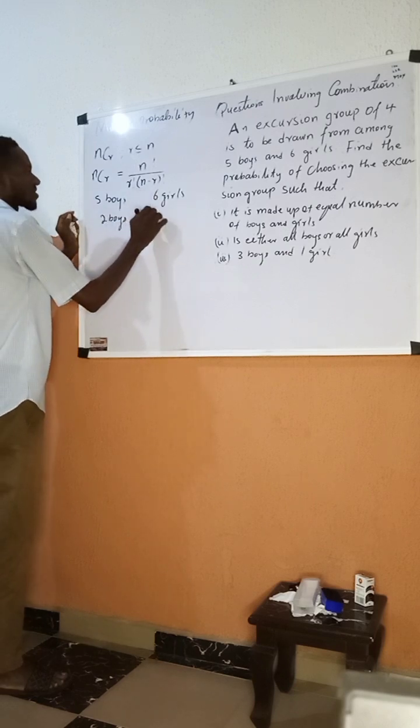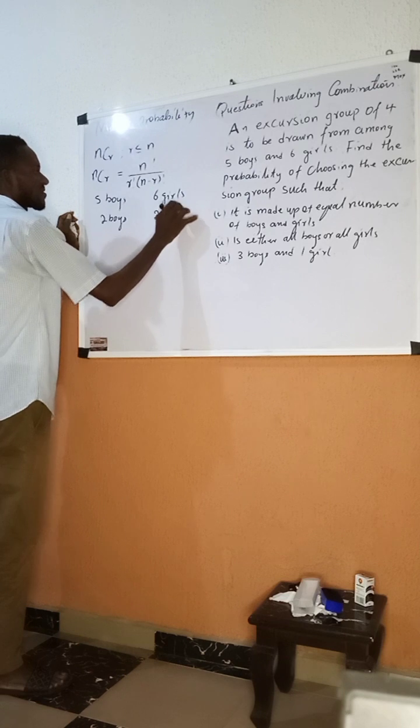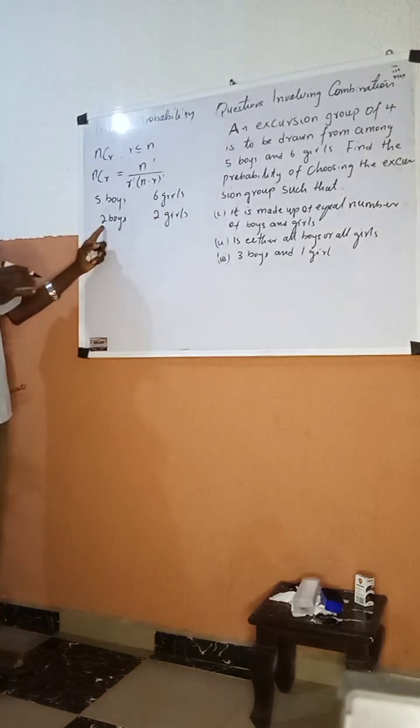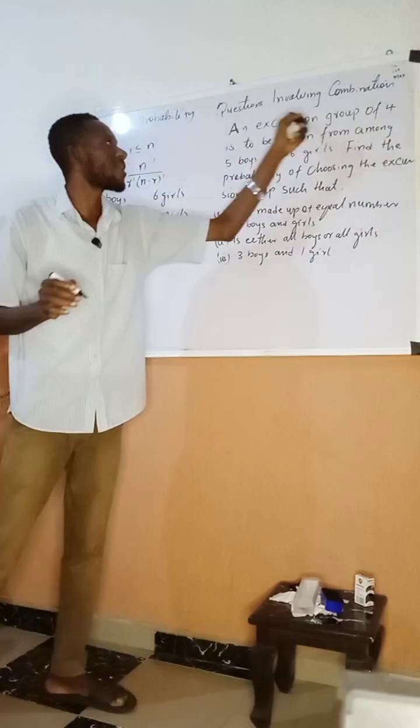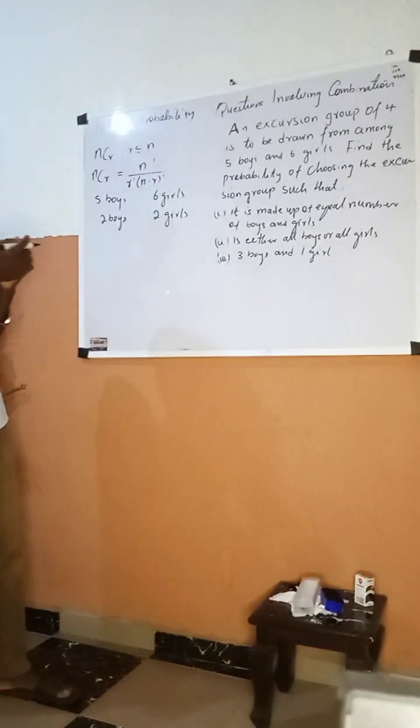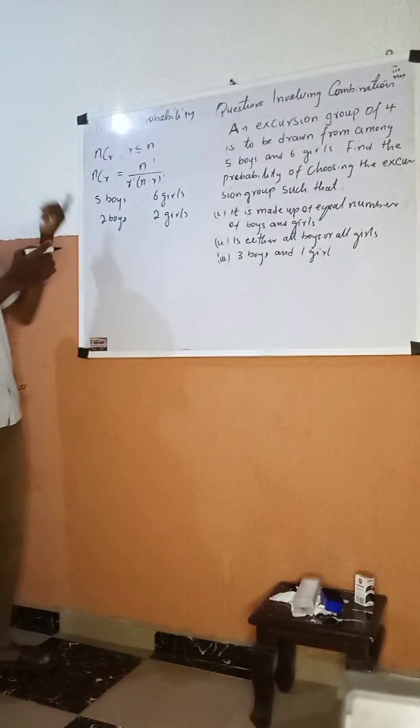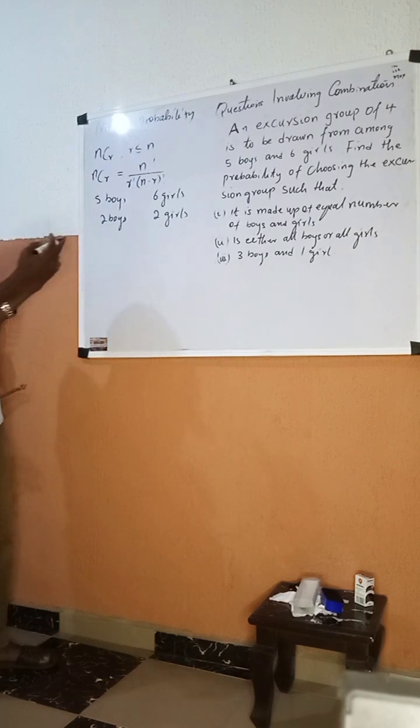And equally, I'm going to select two girls, so that these two boys plus these two girls will make up four persons in the excursion group. And I've always told us that selection in mathematics means a combination.